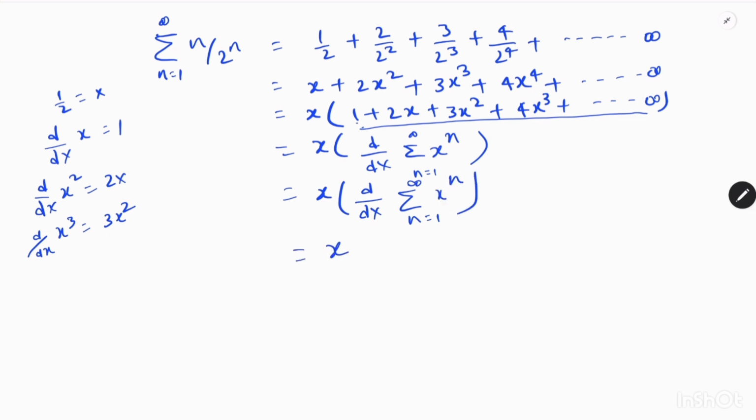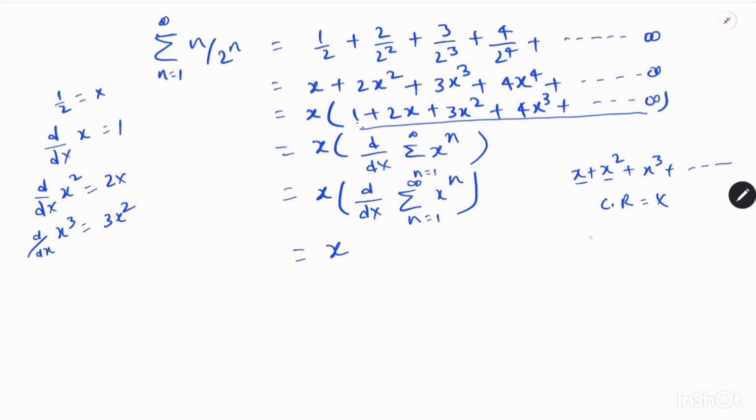So geometric progression would be x plus x square plus x cube plus, so here common ratio is x, and first term is x, right? If first term is x, common ratio is also x, and what x is? x is 1 by 2.